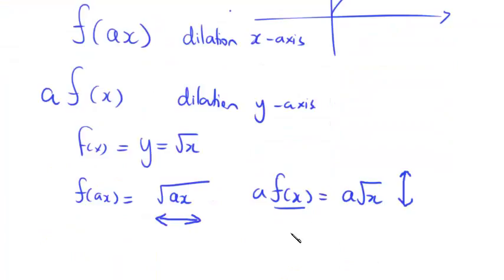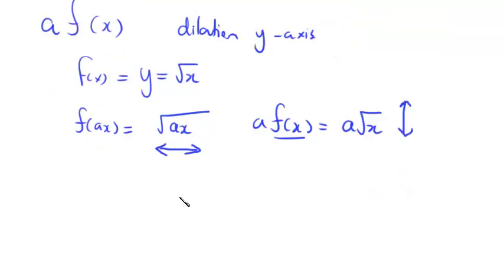Now, we can actually try this. If f of x is equal to root of x, I'm going to plot root of 2x and also 2 root of x. And here's an interesting thing.